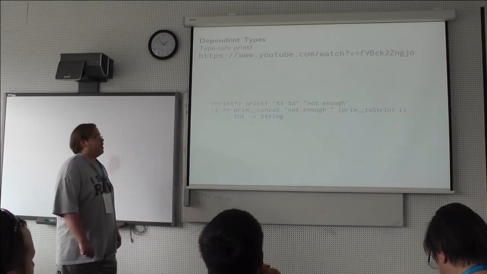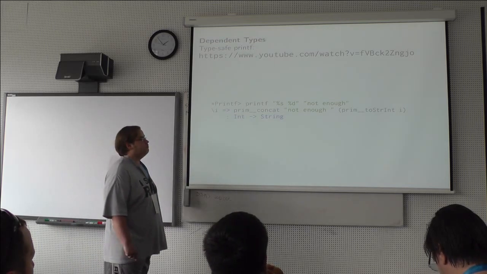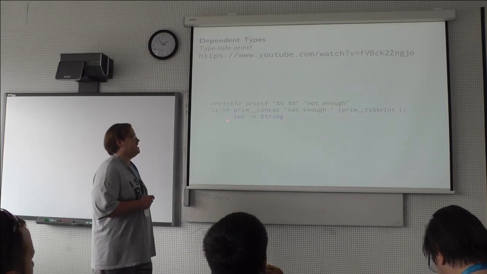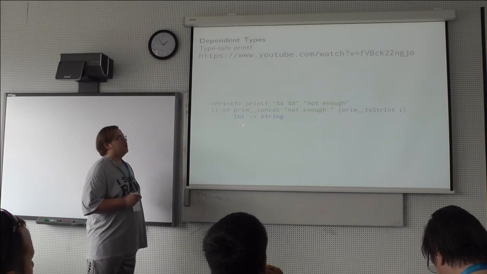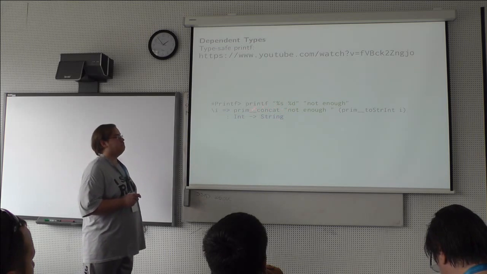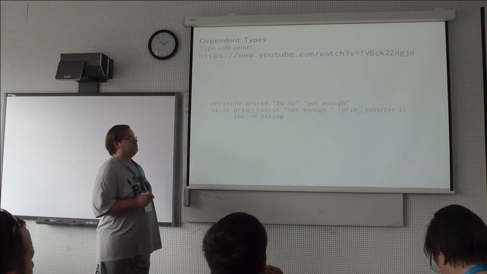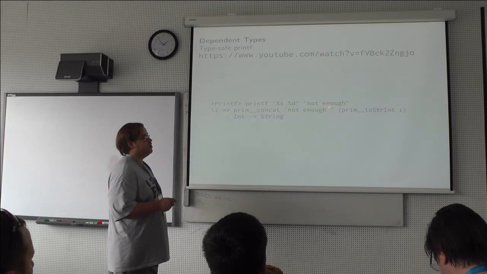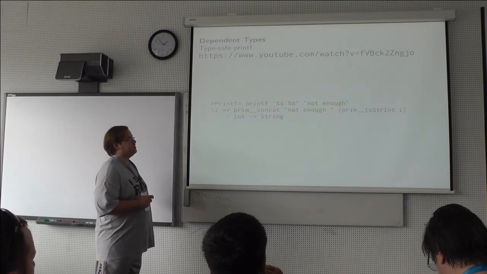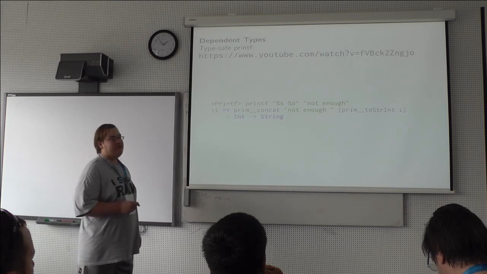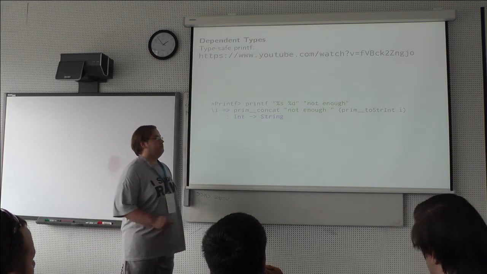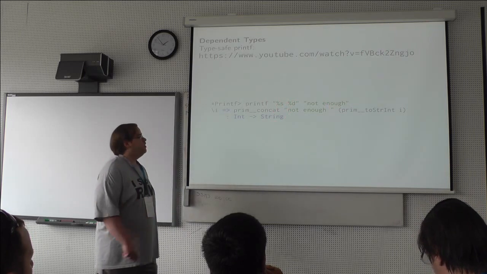And here's another example of not passing enough arguments to printf. You see here the result is something that takes an integer and returns a string. The format string says it takes a string and a digit, but I only pass it a string. So this type is saying, oh, well, you still need to pass an integer before this eventually gives you a string.